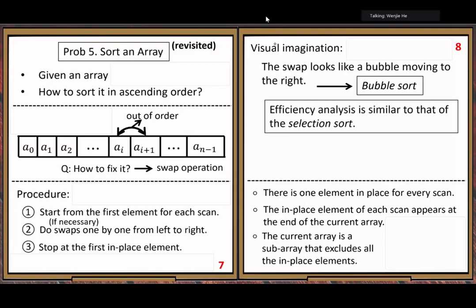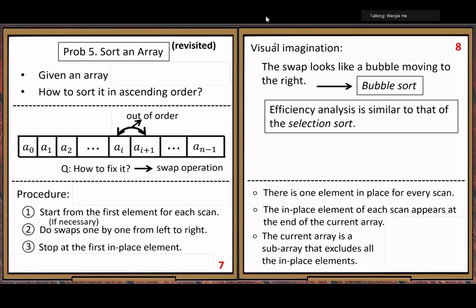Efficiency, we need to do efficiency analysis. Here, for the efficiency analysis, because it is very similar to that of the selection sort. In selection sort, remember, each round we apply the finding-the-minimum solution, many rounds.